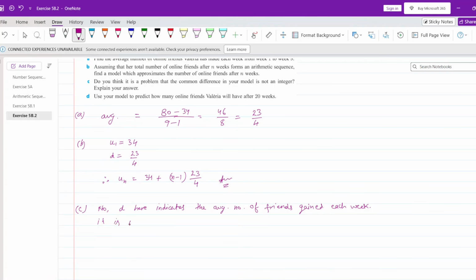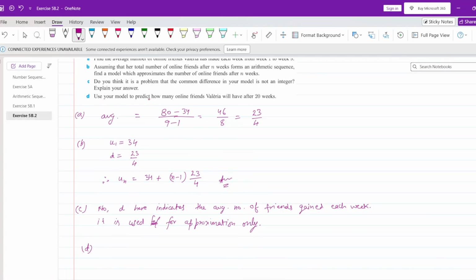It is used for approximation only. Whenever we need to show the number of friends, we can always show it in whole numbers.